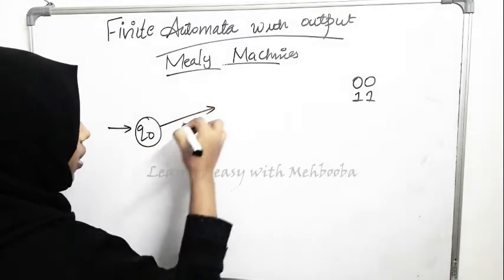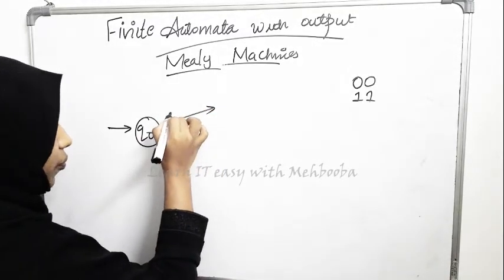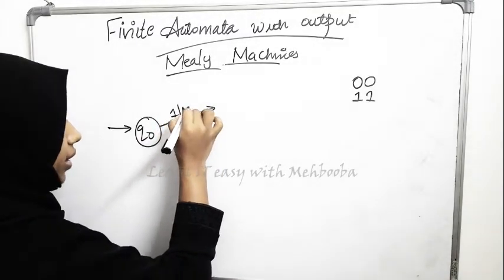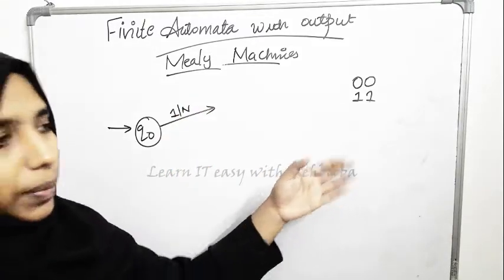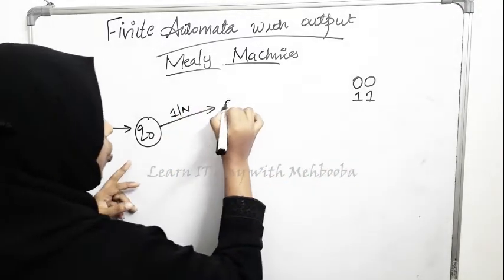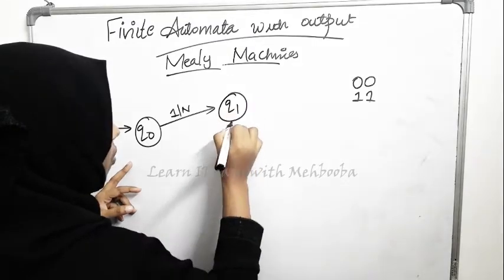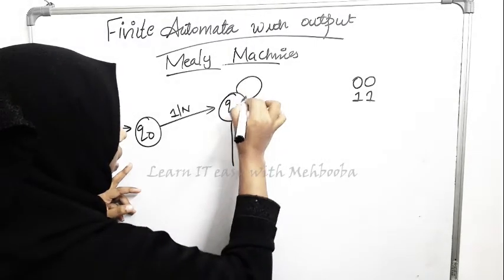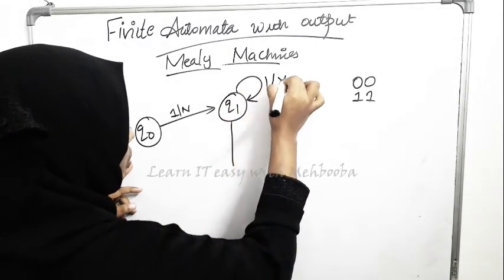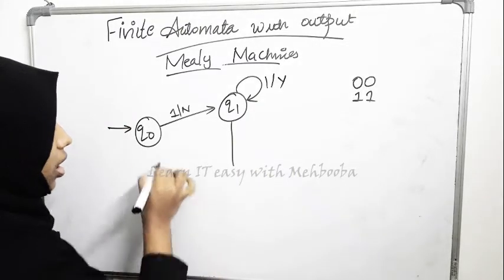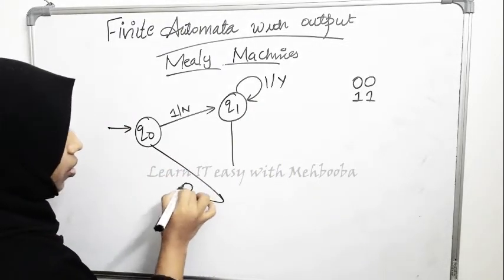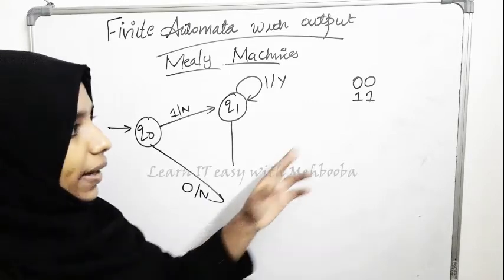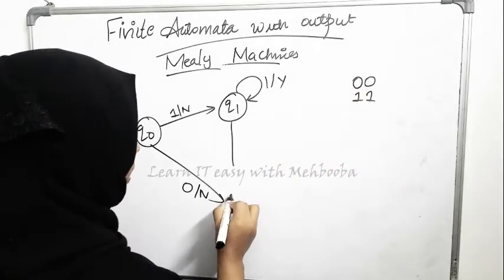Now if we are getting a 1 here, that is definitely a no, because a single 1 cannot make 1 1. So we will move on to the state Q1. Now if we are getting one more 1, definitely any more ones are okay. We will move to yes.